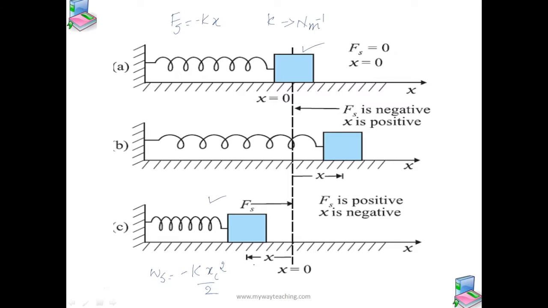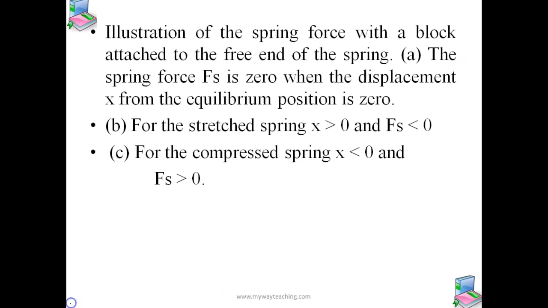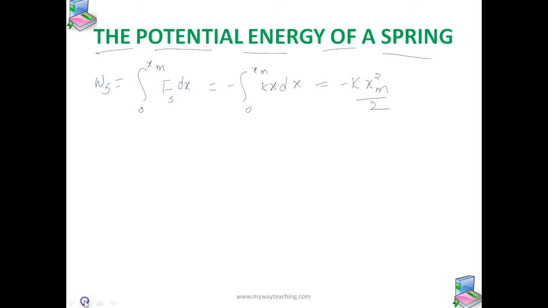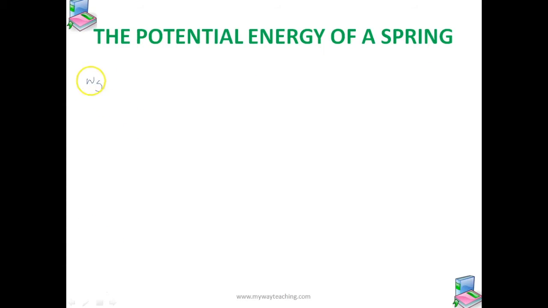If the block is moved from an initial displacement xi to the final displacement xf, the work done by the spring force is given by Ws equals minus the integral from xi to xf of kx dx.